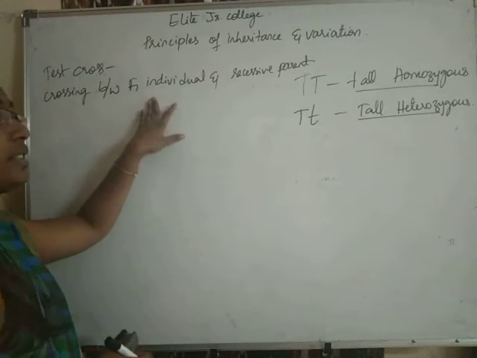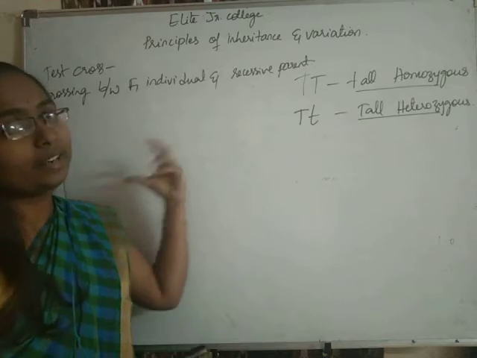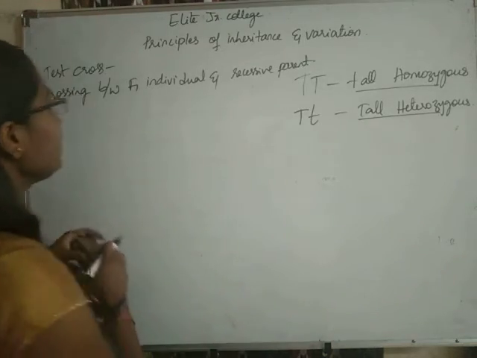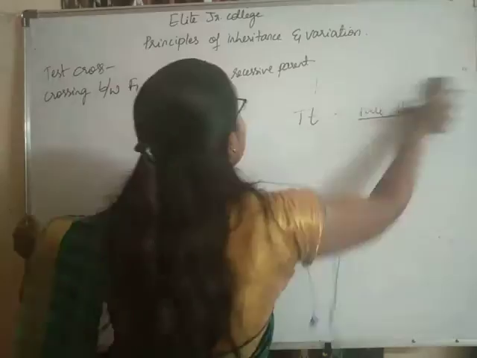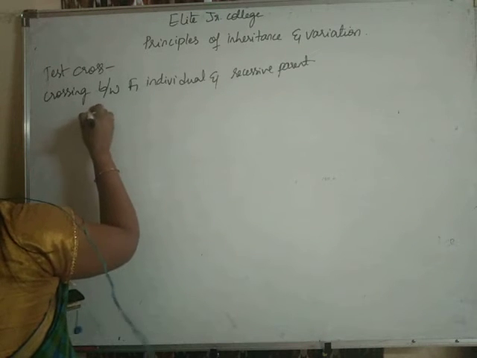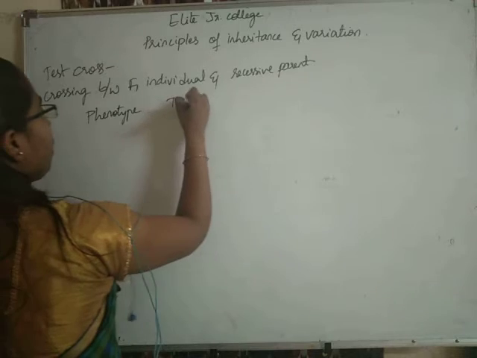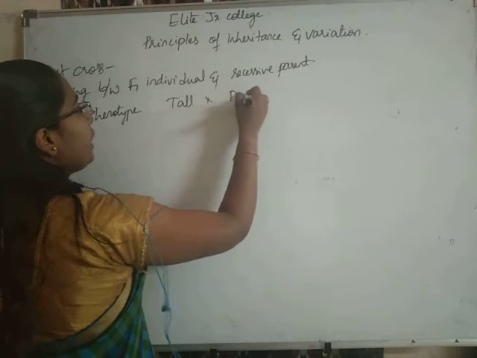Here F1 is the individual obtained after crossing a tall plant and a dwarf plant. So how is the F1 obtained? Tall is crossed with dwarf.